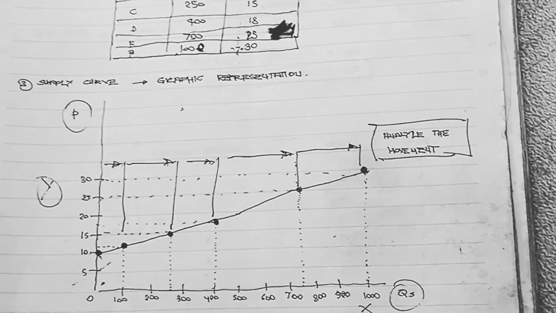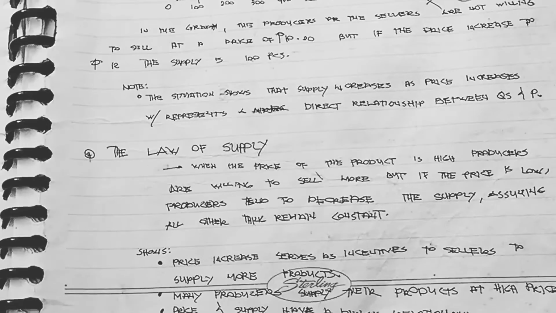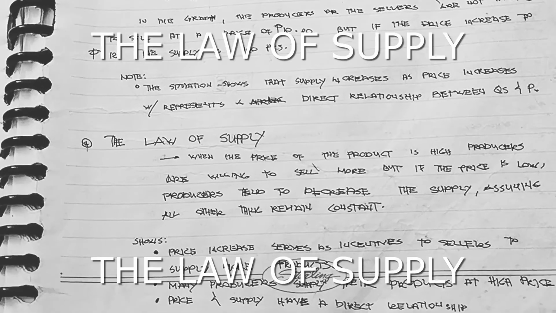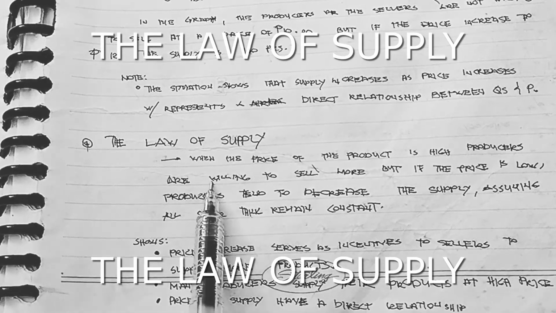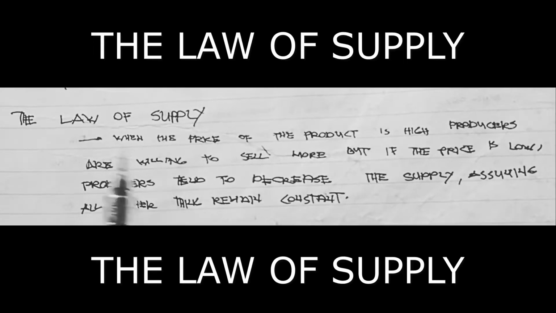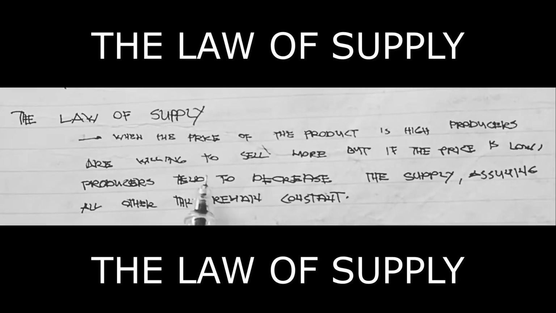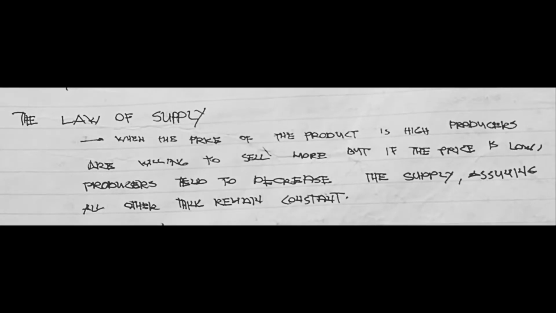Now, what is the law of supply? What do we mean by the law of supply? The law of supply states that when the price of a product is high, producers are willing to sell more. But if the price is low, producers tend to decrease the supply, assuming all other things remain constant.